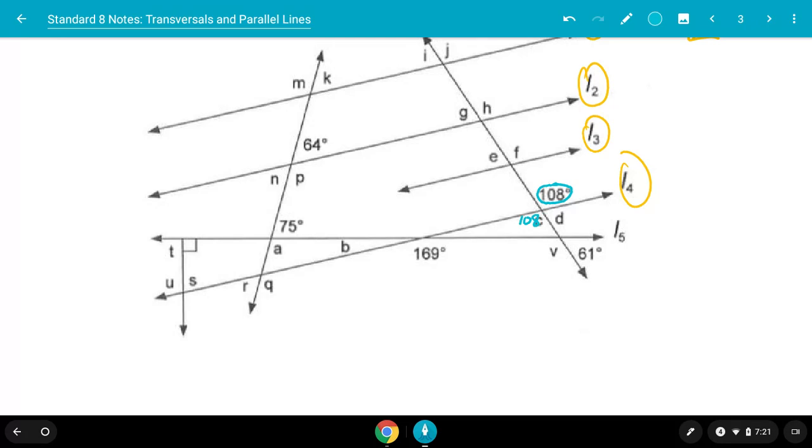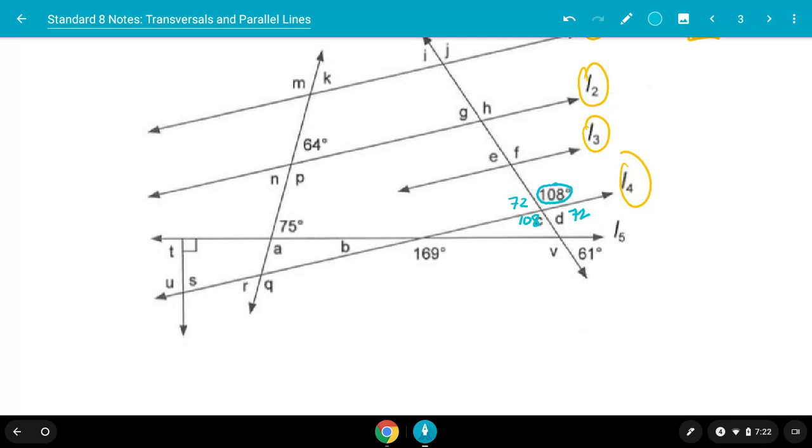So 180 minus 108 is 72. Look, we already have our second. D is 72. Now, this angle I don't actually have a variable by, but I'm going to label it anyway. The vertical angle to D is also 72 because vertical angles are congruent.